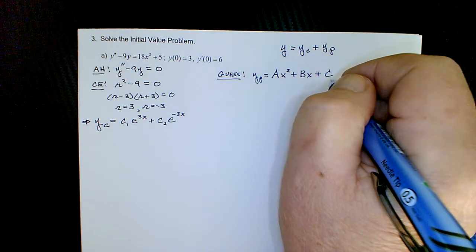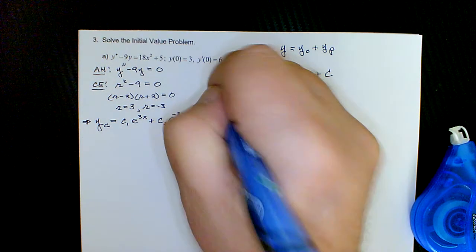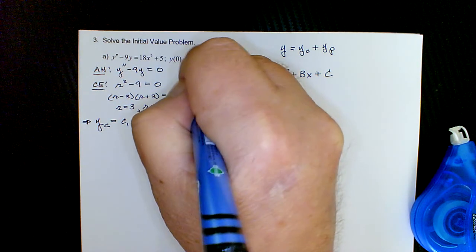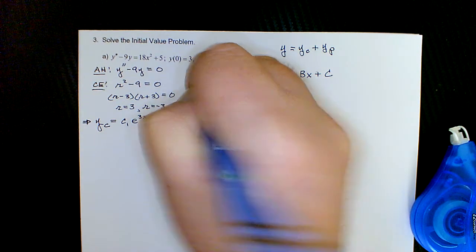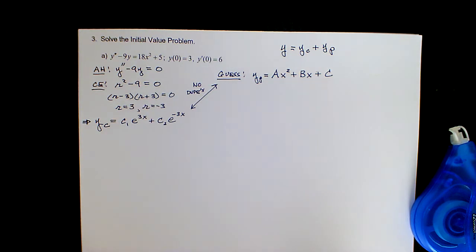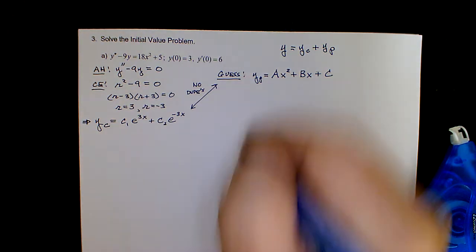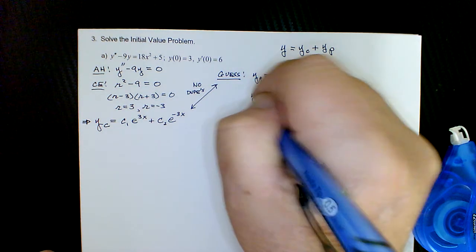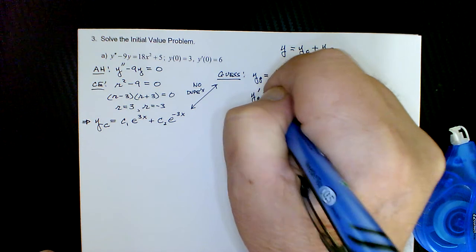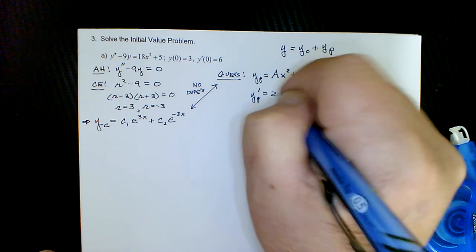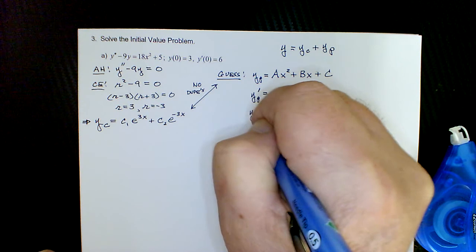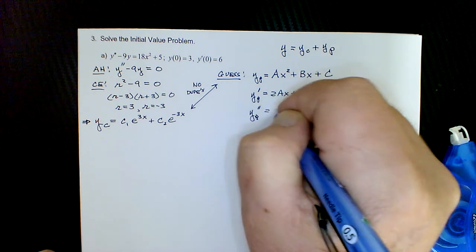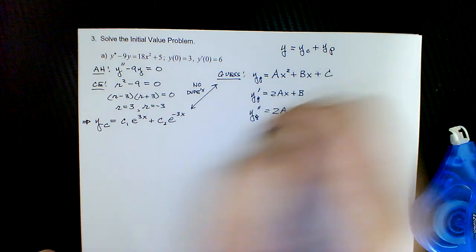Because remember, everything has to be included. We make a comparison, and there's no duplications. So that's nice because we don't have to multiply by x or anything like that. We could just jump right to the derivatives. So y sub p prime, 2ax plus b, y sub p double prime, 2a.